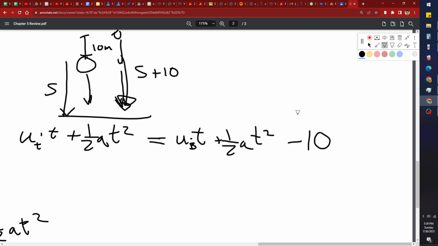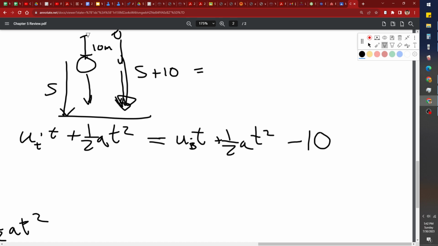Okay, let's see what happens now. Why did I put the negative over here? Because remember that displacement is the same as hers, but plus 10. Okay, so it looks a little complicated at first, but once we walk through it, you'll see it's okay.